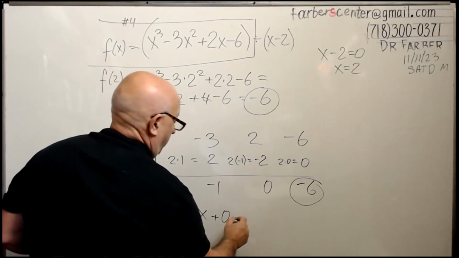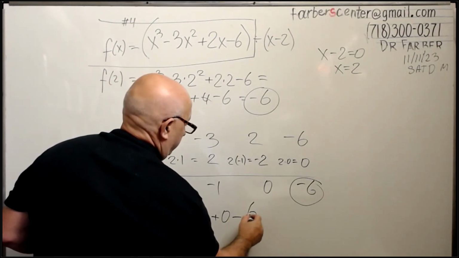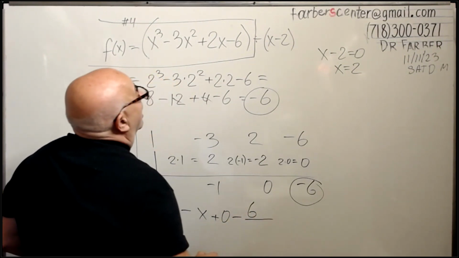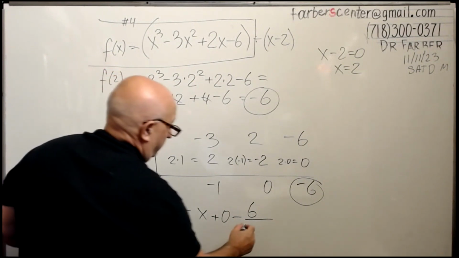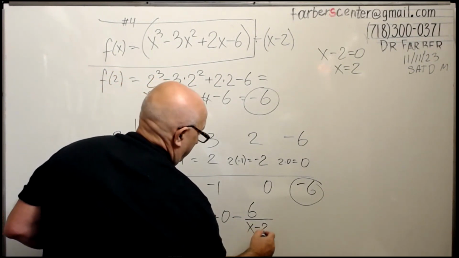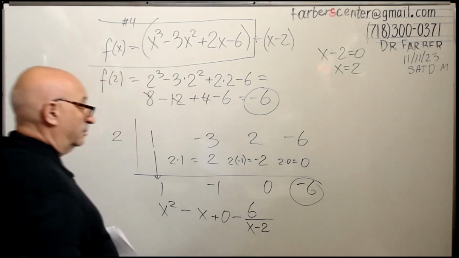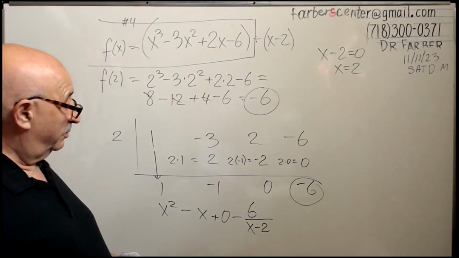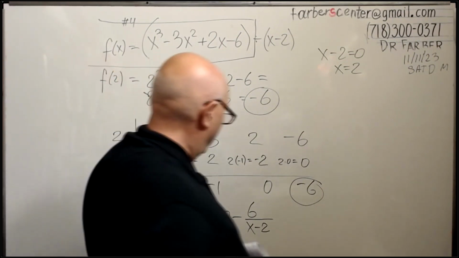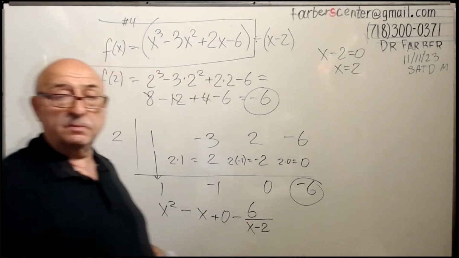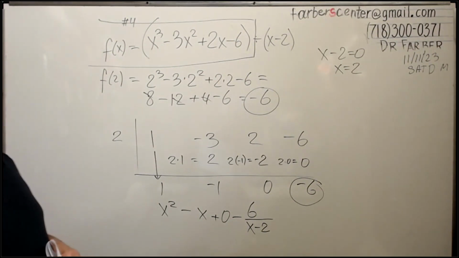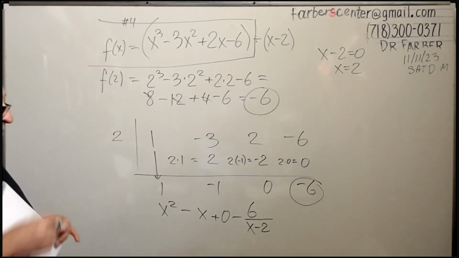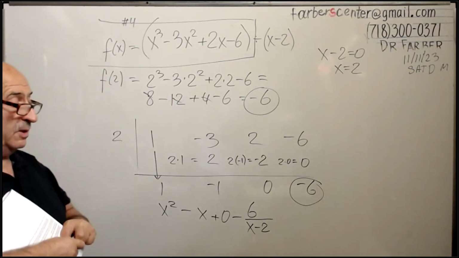And after that, minus 6 over our divisor, x minus 2. Look at this. Any question about this? No questions. Okay.